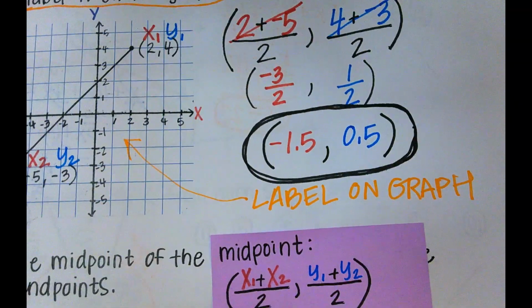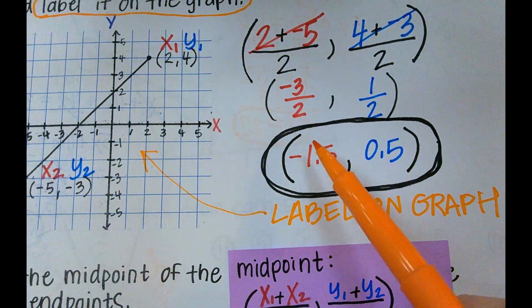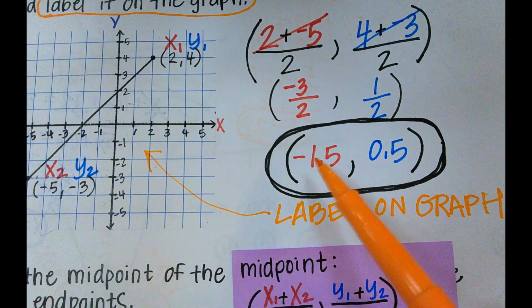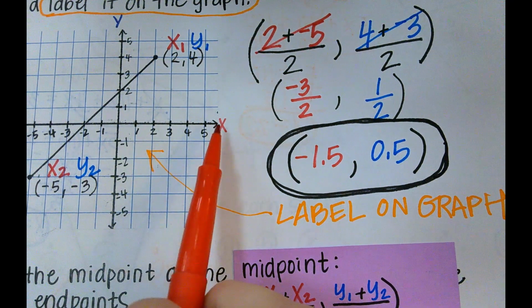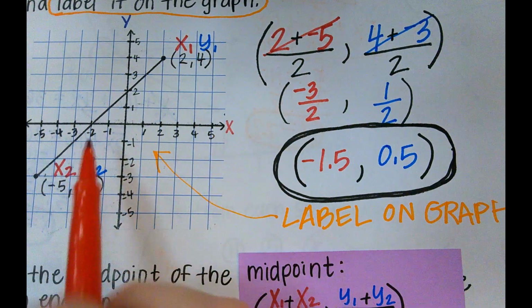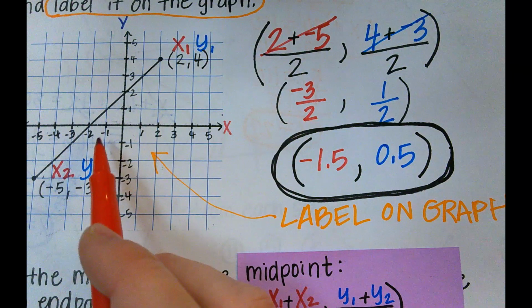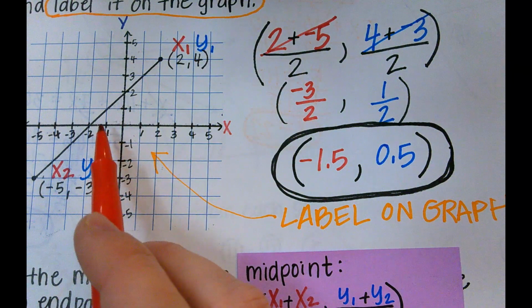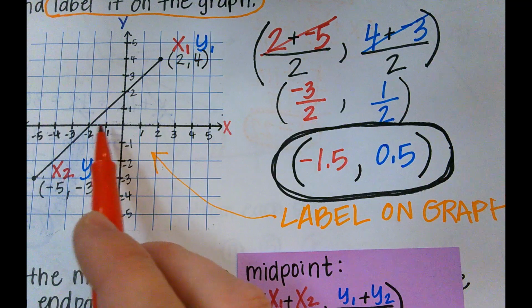So the way that we label this, if my x is first, my x is -1.5. Let's look for the x-axis. That goes from left to right. Where will I go on the x-axis? Right between -1 and -2. So that would be -1.5, just about on the x.